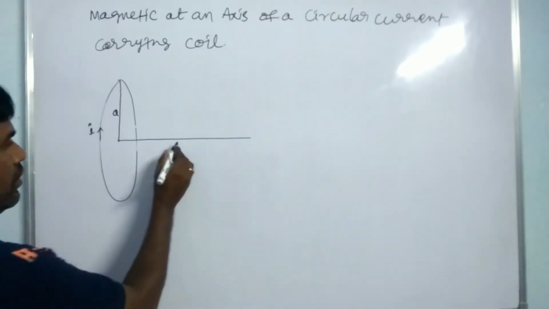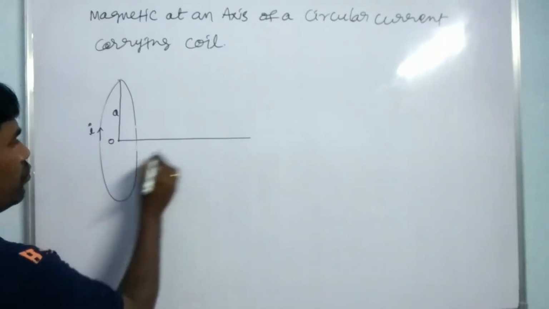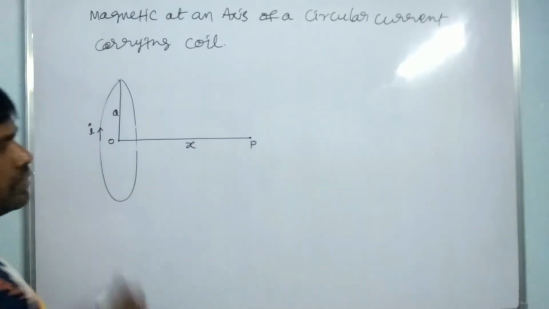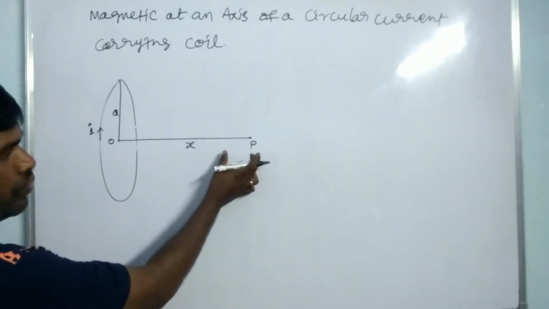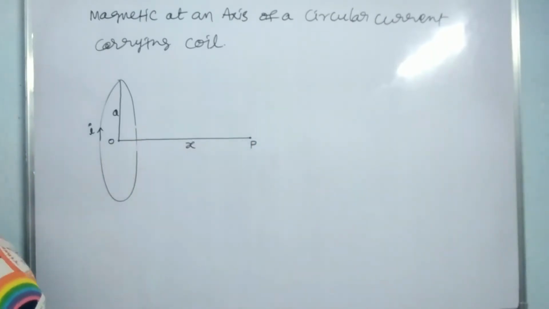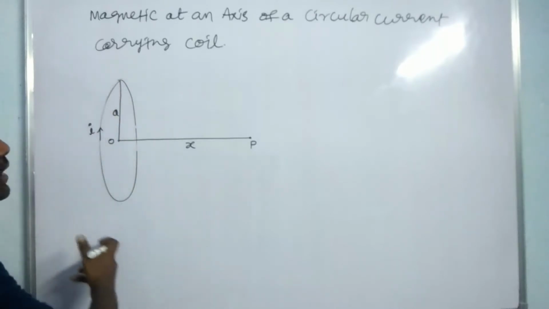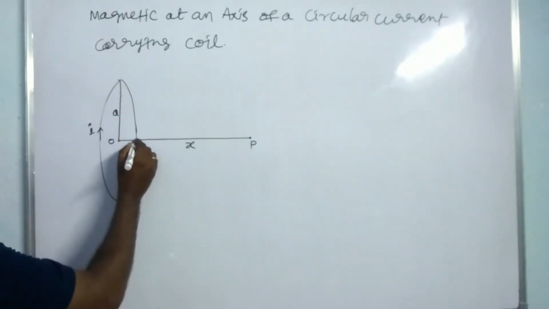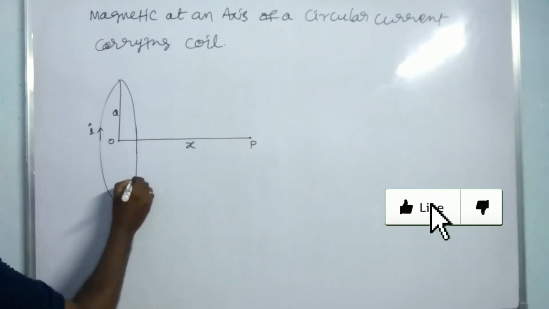From the point O at distance x, there is a point P. Now we have to find what is the magnetic field acting at point P by the circular current carrying coil. That is our aim.